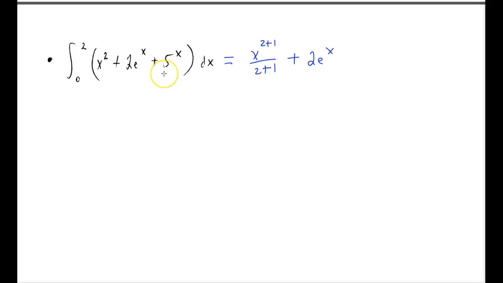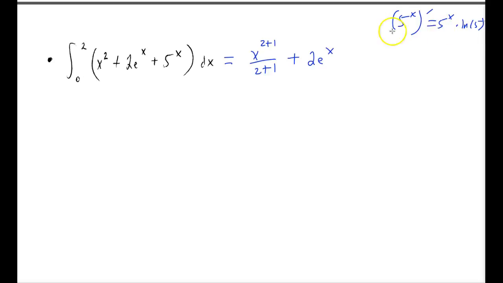And so here, when I have 5 raised to the x, that one's going to be slightly different, because we know that the derivative of 5 raised to the x is just going to be 5 raised to the x times natural log of 5.